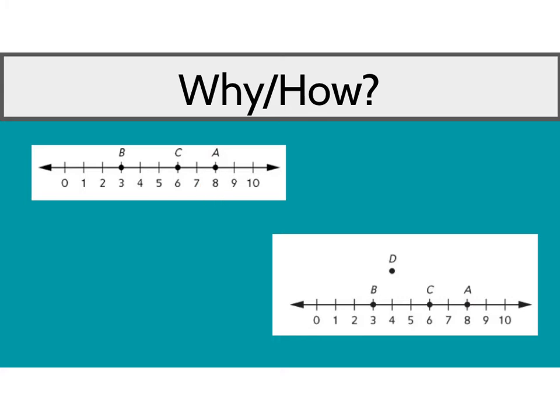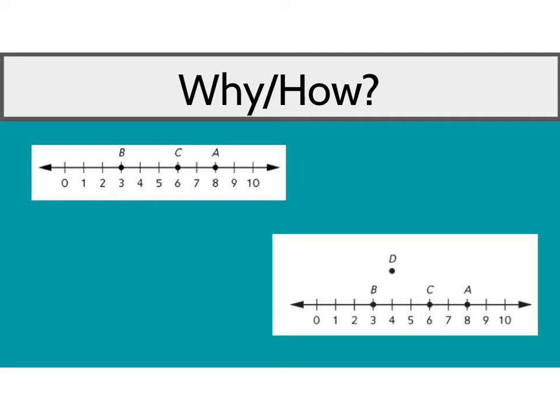And if I asked you, well, where is point B? Again, you're going to look at the number line, you're going to find where B is located, and then you're probably going to look down here and say, oh, it's located at 3. And then I said, where is point C? And again, you're going to look at the number line and you're going to tell me it's located at 6.